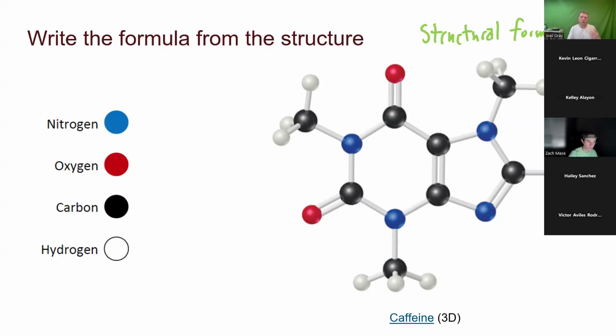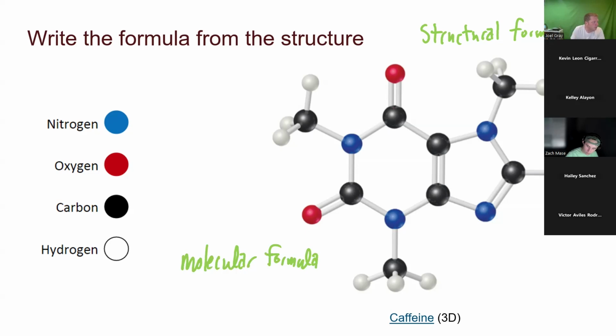A structural formula shows all of the atoms within a molecule and their positioning and which ones are bonded to which. So, in order to come up with a molecular formula for this, here's what we want to do.